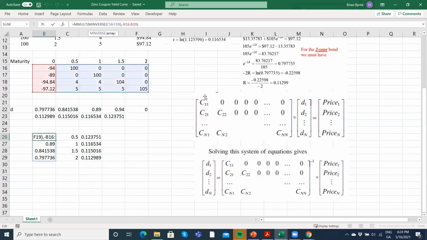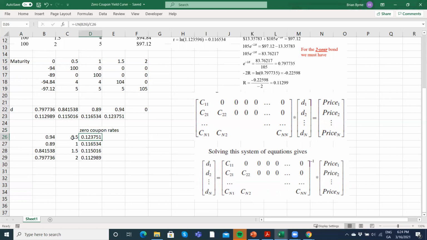Then we take the inverse of the cash flows and multiply by the prices. And what do we get? We get the discount factors, and to convert that to zero coupon rates is a relatively straightforward process.